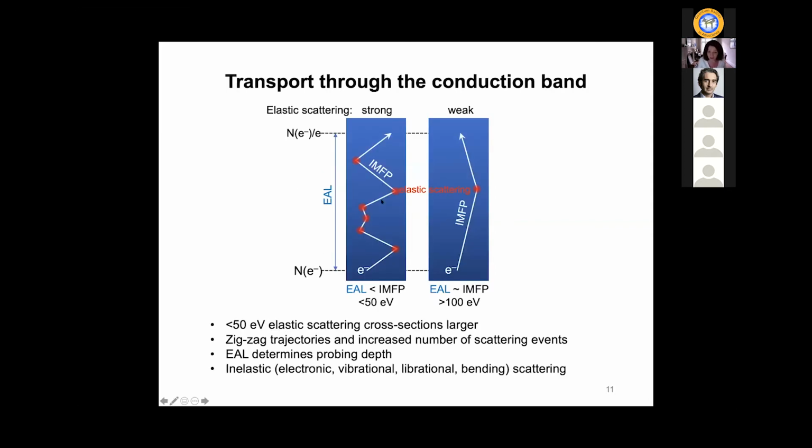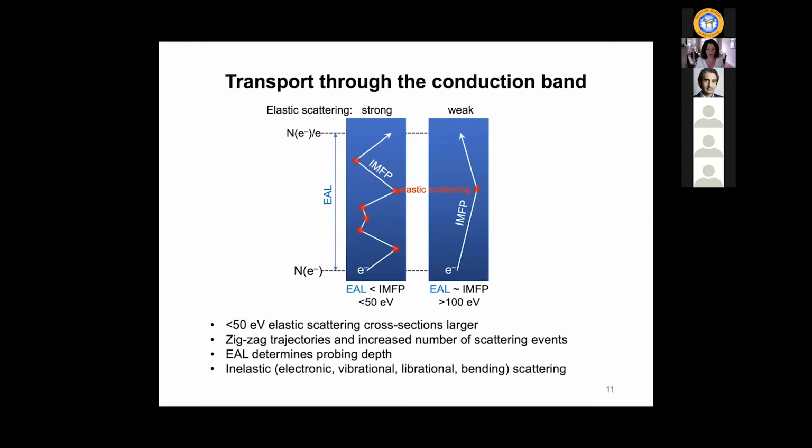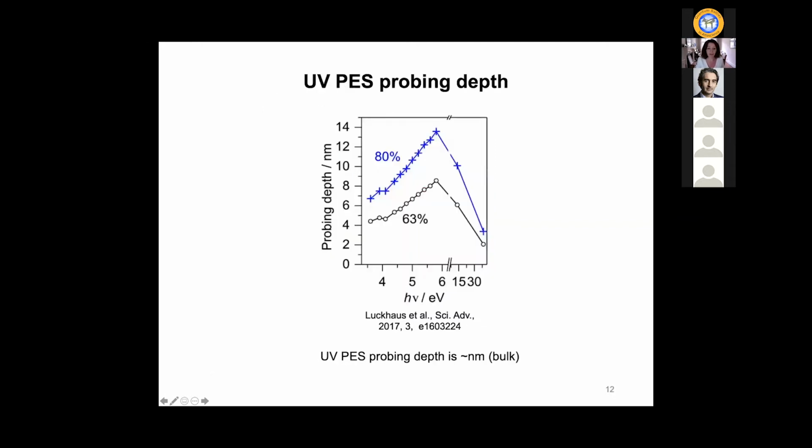For these low kinetic energy electrons, the elastic scattering cross sections are much larger, so the electrons undergo many more scattering events, and the effective attenuation length determines the probing depth. And inelastic scattering also occurs as a result of vibrational, librational, and bending interactions.